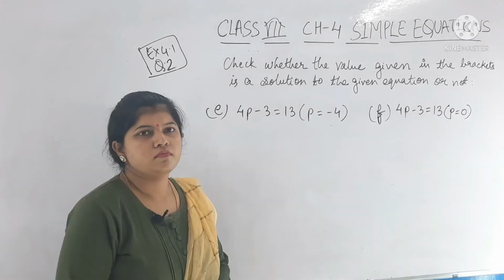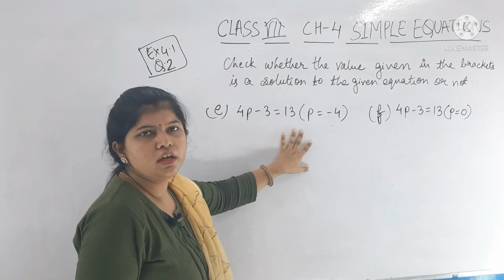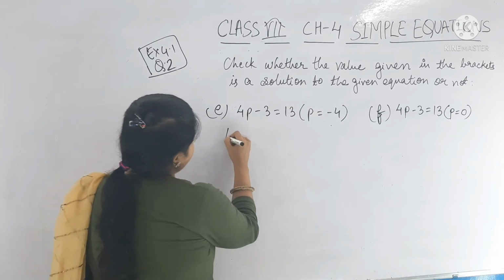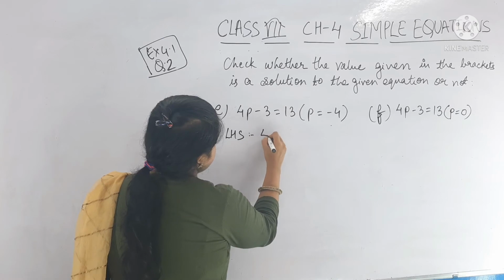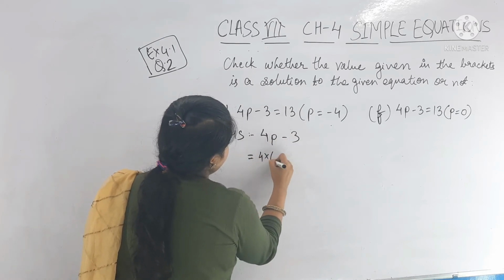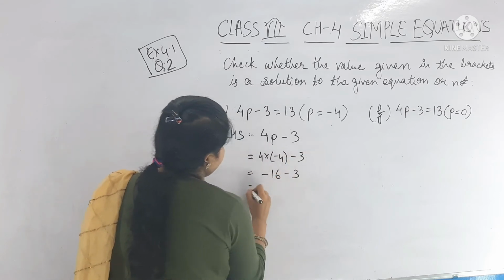Okay. Next is the E part. Here for 4p minus 3 equal to 13, we have to check for p equal to minus 4. So here we have to put the value of p. LHS is 4p minus 3. So here it is coming 4 into minus 4 minus 3. 4 4s is 16 minus 3.